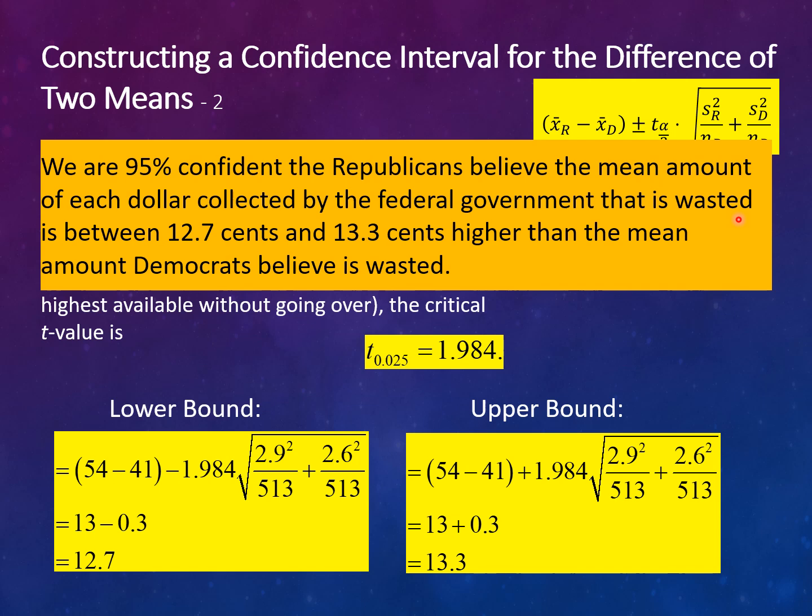So based upon this upper and lower bound, our statement would be we are 95% confident the Republicans believe the mean amount of each dollar collected by the federal government that is wasted is between 12.7 and 13.3 cents higher than the mean amount Democrats believe is wasted. Okay, so that's how you figure out the confidence intervals, how you calculate them, and then also how you report it.